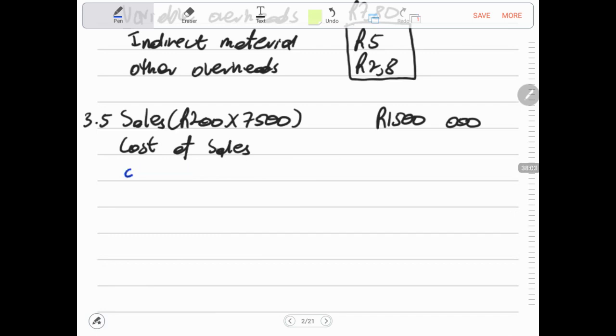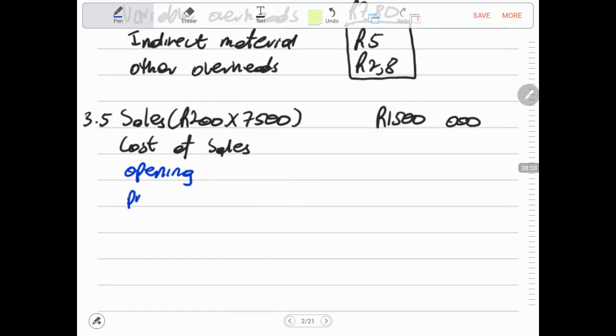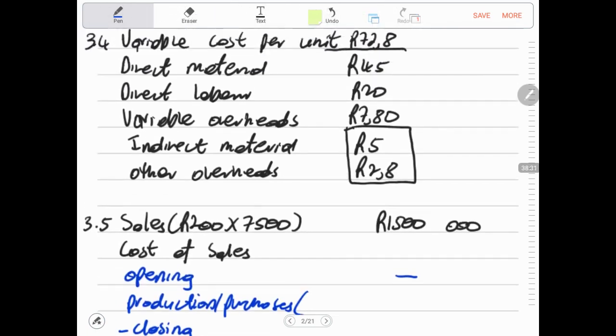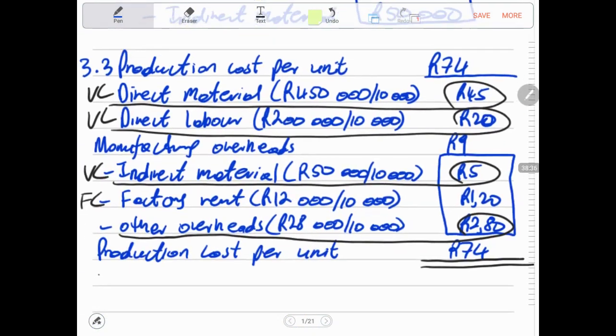When we calculate cost of sales, we normally say opening plus production, which we normally say this is purchases. Now we are no longer purchasing, but we are producing. Then after we say less closing. I want to bring this as an explanation. Please don't write this as the solution. There was no opening inventory in this case. When it comes to our production, we said that the cost of production, if you remember, we calculated the cost of production.